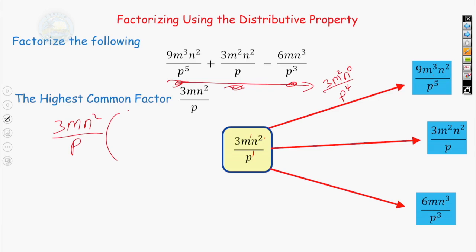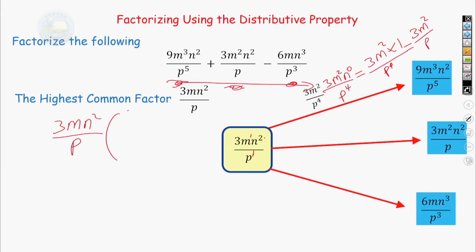But remember what we said: anything raised to the 0th power is 1. So this is going to give us 3m squared multiplied by 1 all upon p to the 4th, which gives us really, anything multiplied by 1 is itself, 3m squared all upon p.